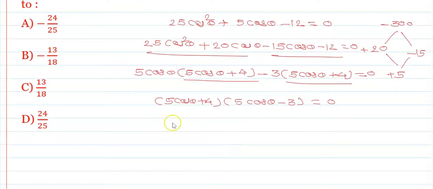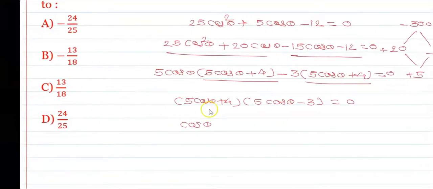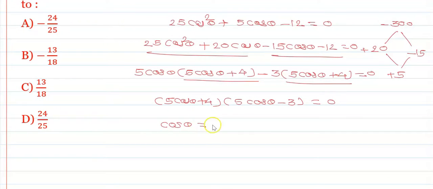And if we simplify this, what will you get? The first, 5 cos theta plus 4 is equals to 0, that is cos theta equals minus 4 upon 5. And what about the next? Cos theta is equals to 3 by 5.